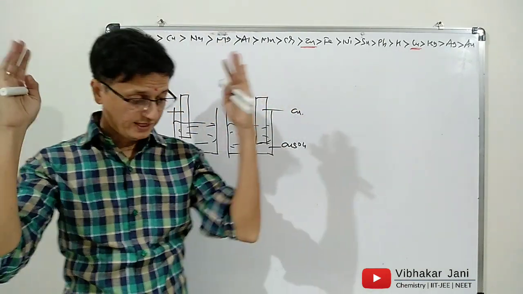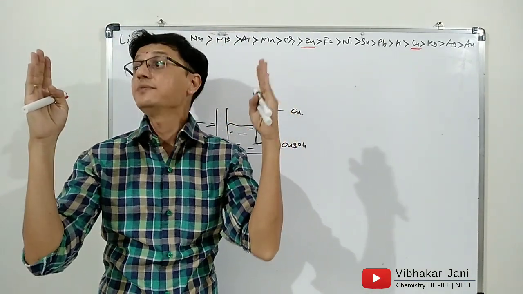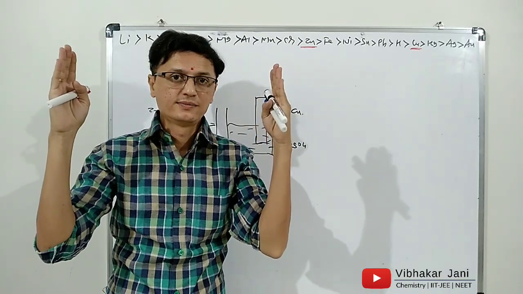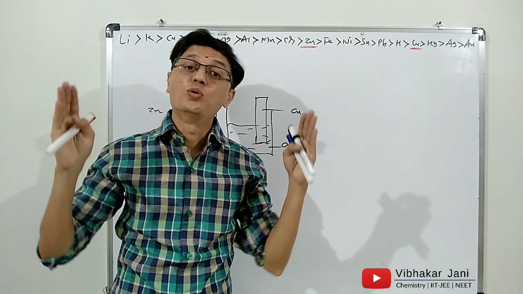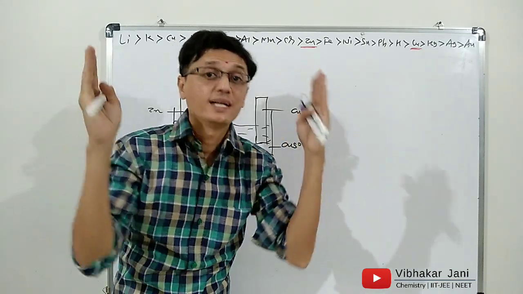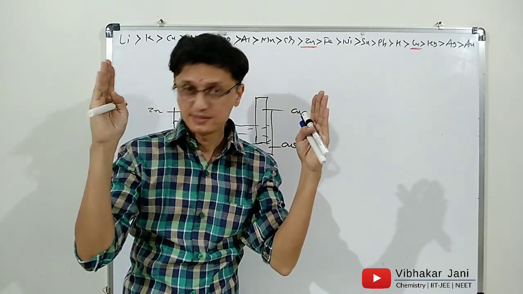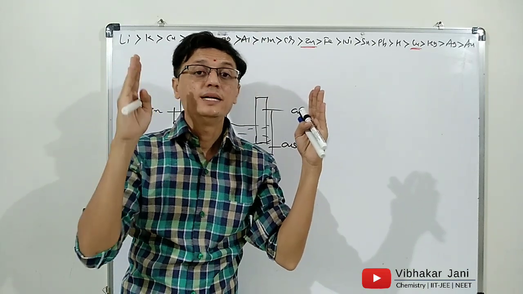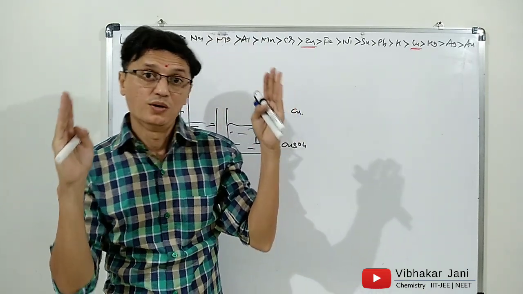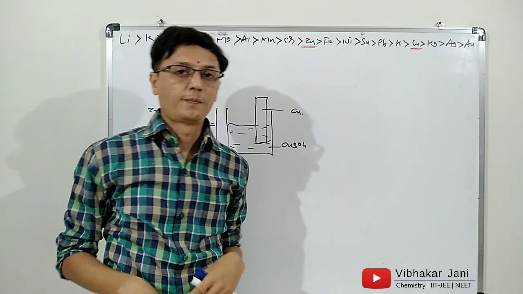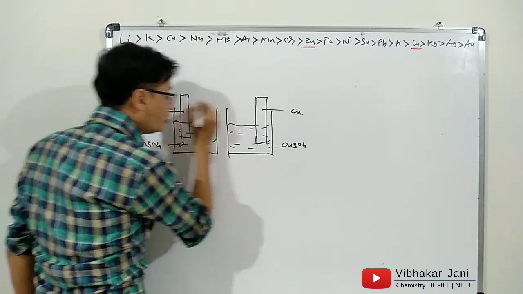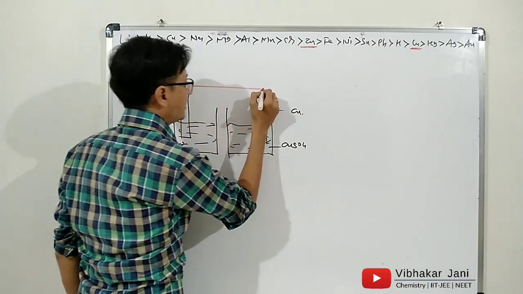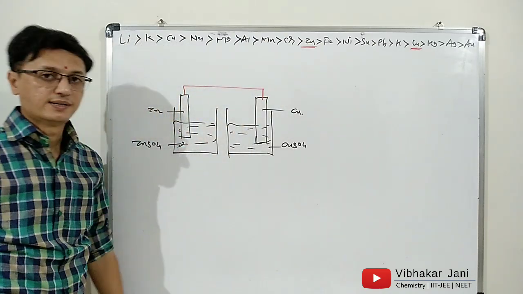So if both metals are in contact, though both are metals and both are able to donate electrons, in this case zinc, being more reactive, will release the electrons. But this can only happen when you attach both these electrodes by a copper wire.